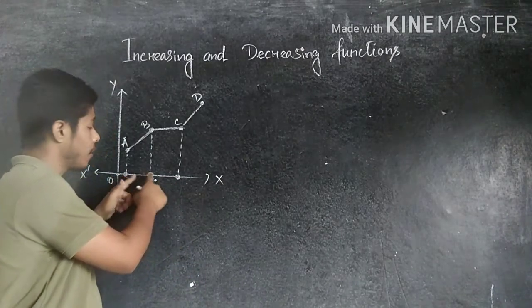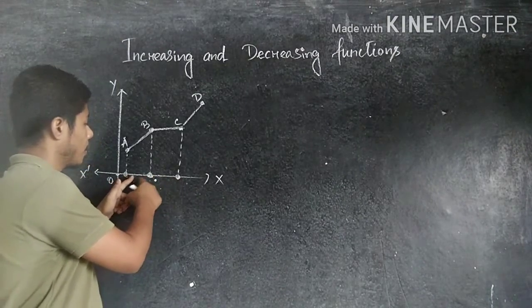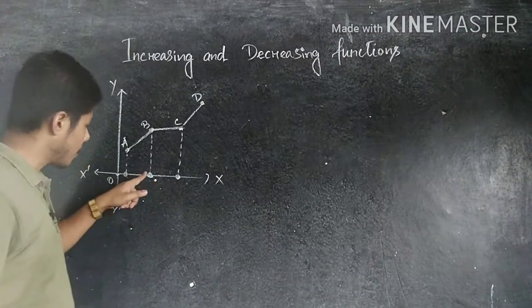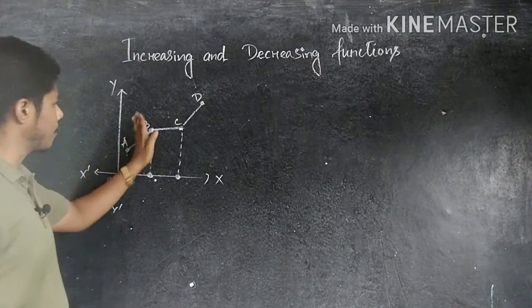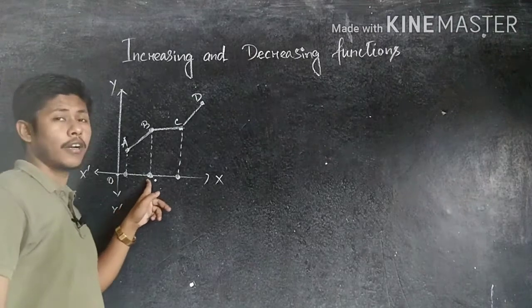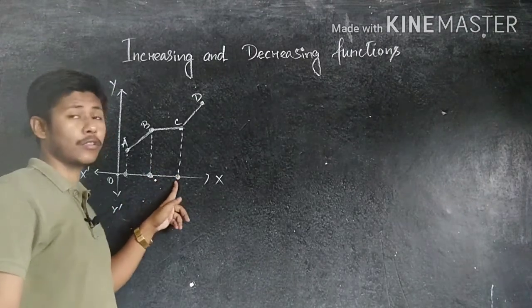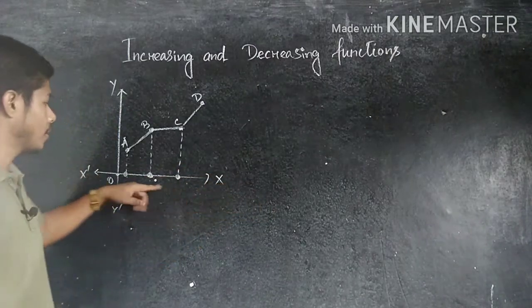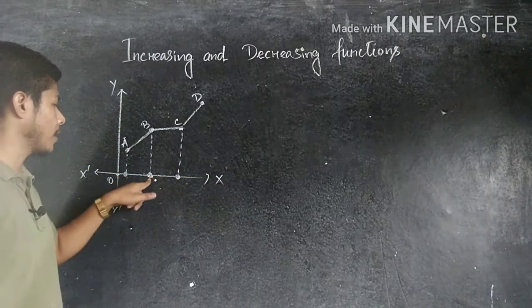If we compare these two, if we consider B is x1 and C is x2, which one is greater? According to this axis, obviously x2 is greater than x1.